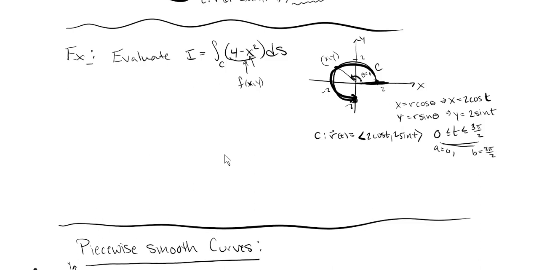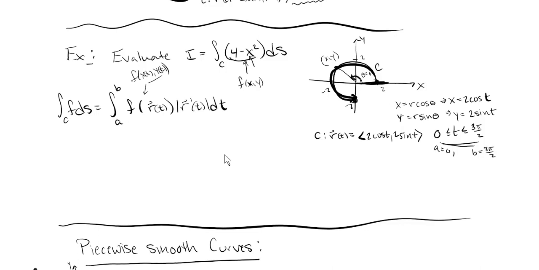A nice way to write this is to say that this equals the integral from a to b of f evaluated at the parameterization r. That's just like our f of x of t, y of t. Just a compact notation for it that doesn't imply the dimension, so this works in 3D, whereas this formula kind of implies 2D. But now that we have it written in this vector form, it applies everywhere, 2D or 3D. This is very nice this way.